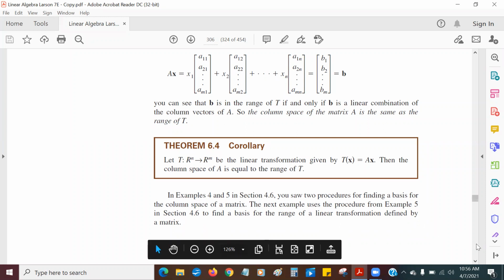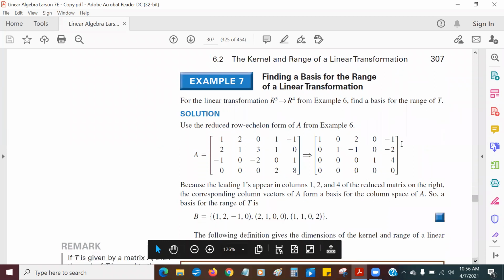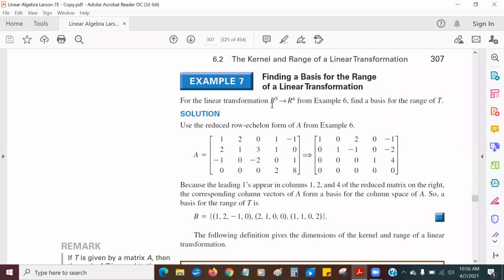We're going to look at an example now, and we're going to use one of those ways. So we want to find a basis for the range of a linear transformation from R5 to R4, the same one we had in example 6 of this section, and we want to use that to find a basis for the range of T based on this matrix.